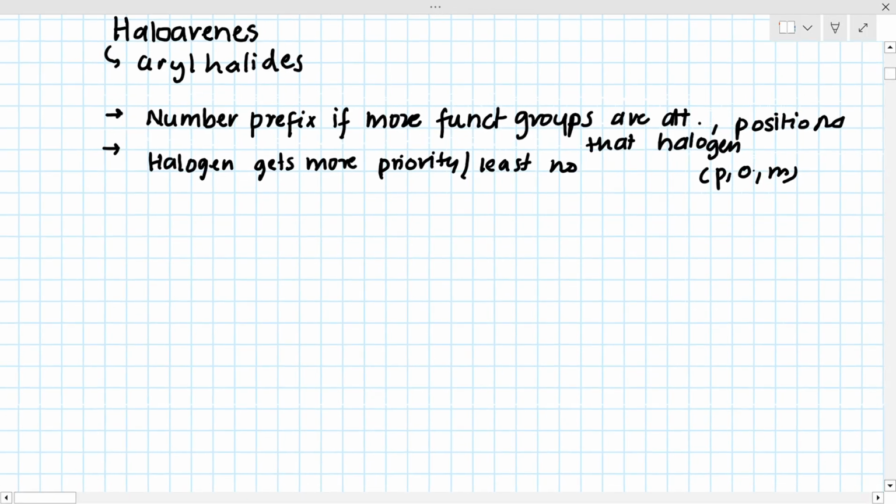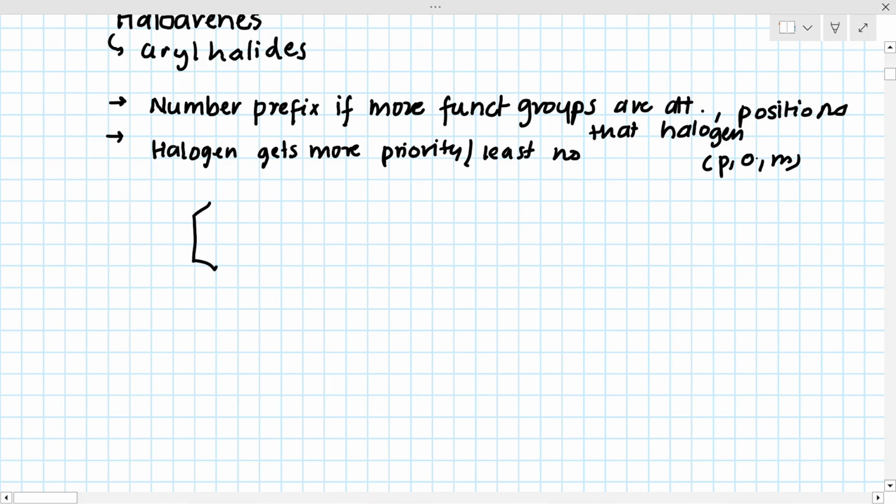So one example we have here is this. We are going to number the carbons 1, 2, 3. We already know there are 6 carbons, and we can count these as well. But here we are going to give 1 to this, so we're going to go this way for the counting. So this gets 1. So it is 1-bromo.